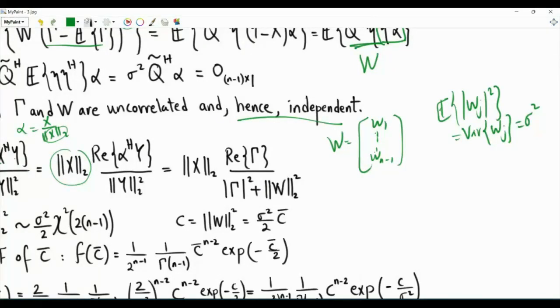So each component can be written as real part and imaginary part, and because the Gaussian vector is circularly symmetric, for each component the real and imaginary parts are independent, and each of them has a variance which is sigma squared divided by 2.